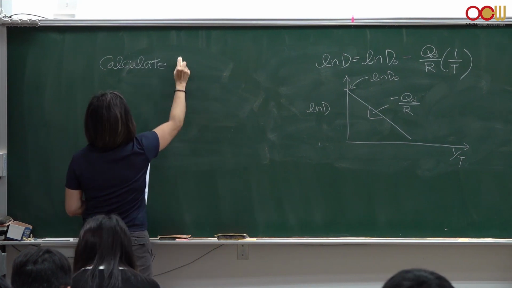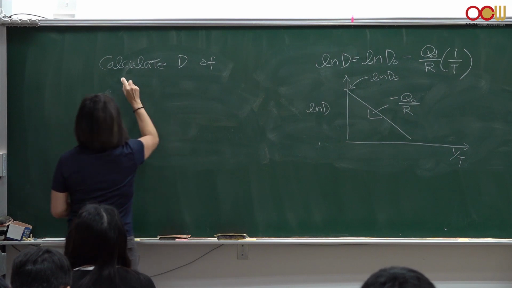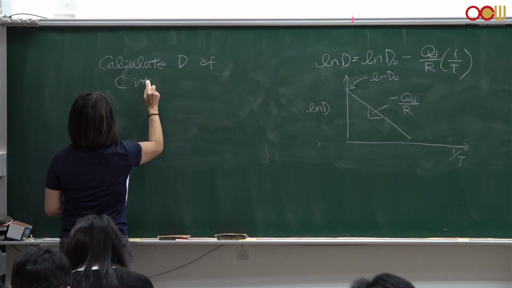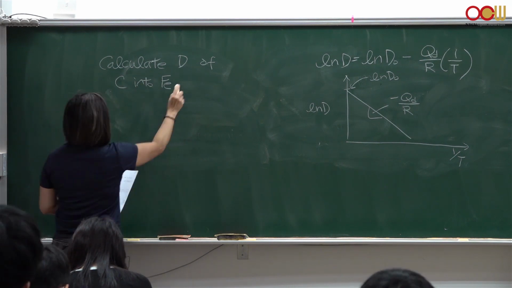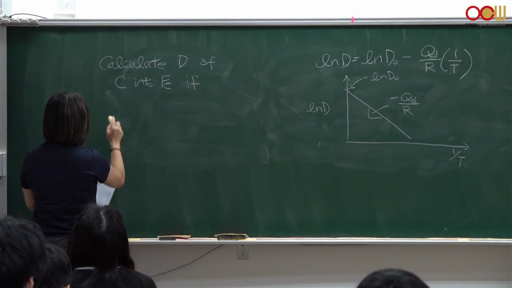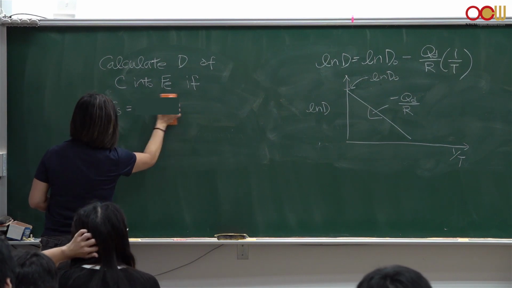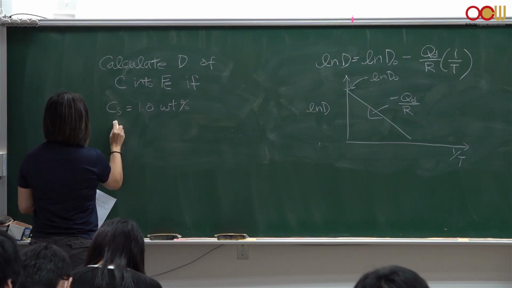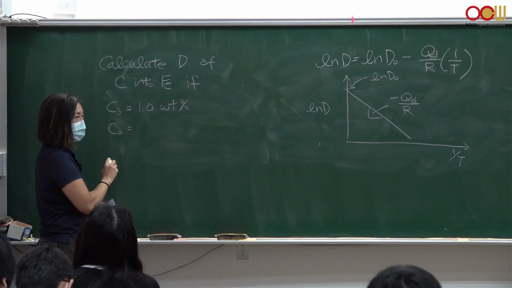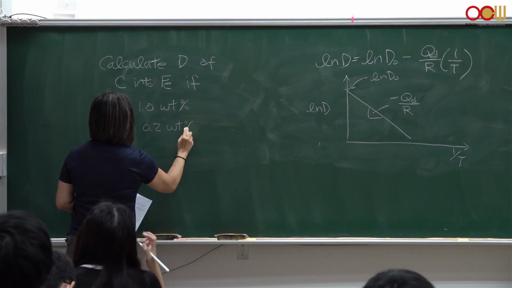Calculate D, the diffusion coefficient of carbon into iron, if you're given a system where the surface concentration of carbon is 1.0. The initial concentration of carbon inside this iron bar is 0.2 weight percent.